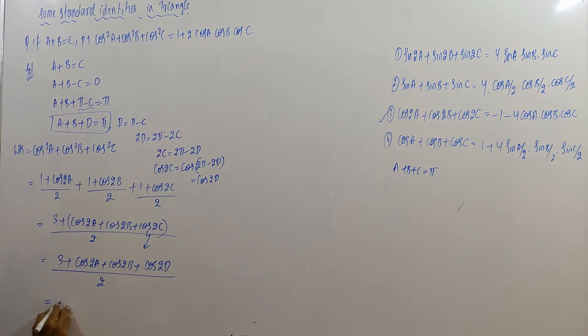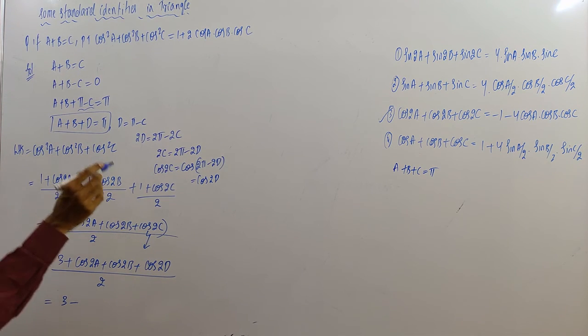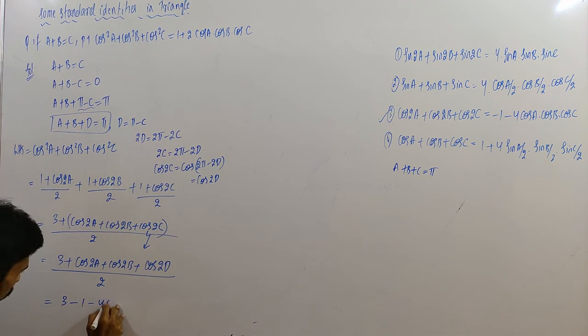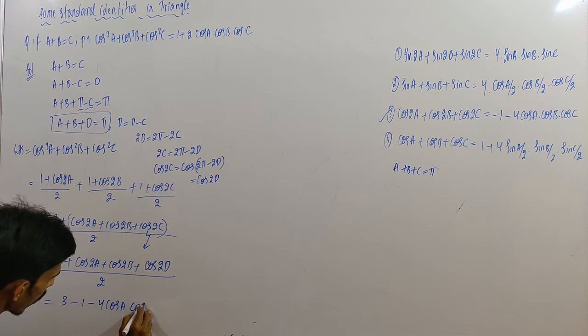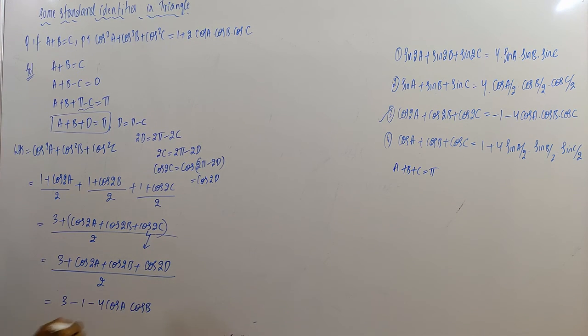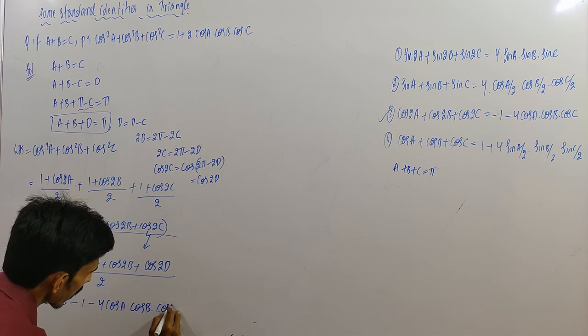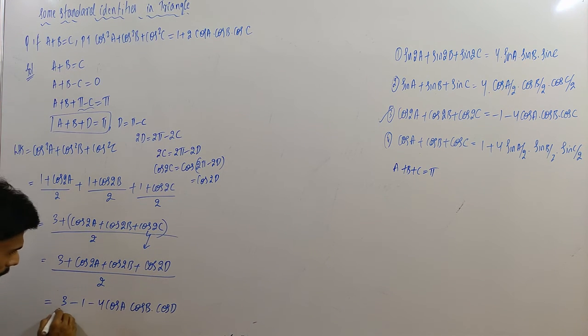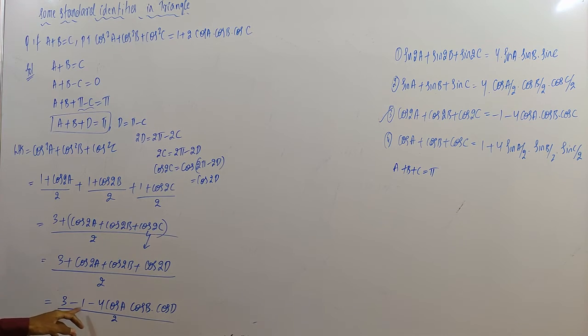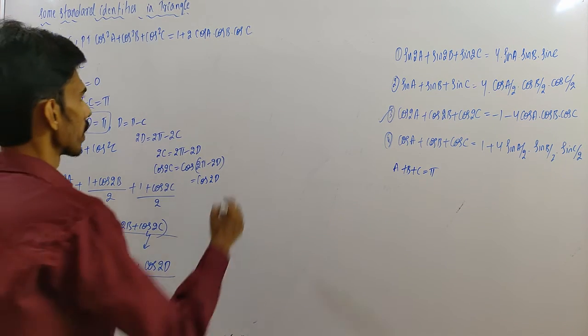Now using this formula, cos 2A plus cos 2B plus cos 2D is minus 1 minus 4 cos A cos B cos D. So this will become 3 plus minus 1 minus 4 cos A cos B. Here D is there, so cos D divided by 2. Now this will become 3 minus 1 is 2, 2 by 2 is 1.